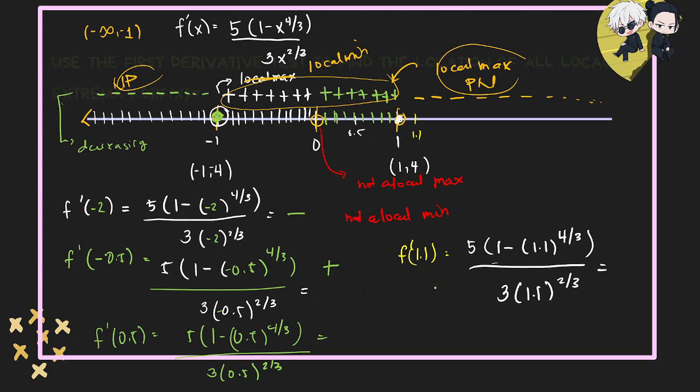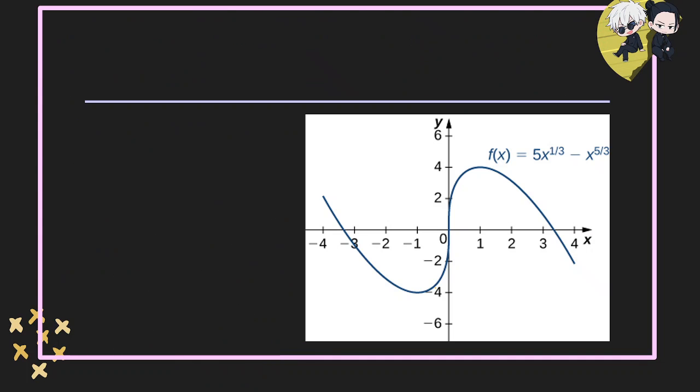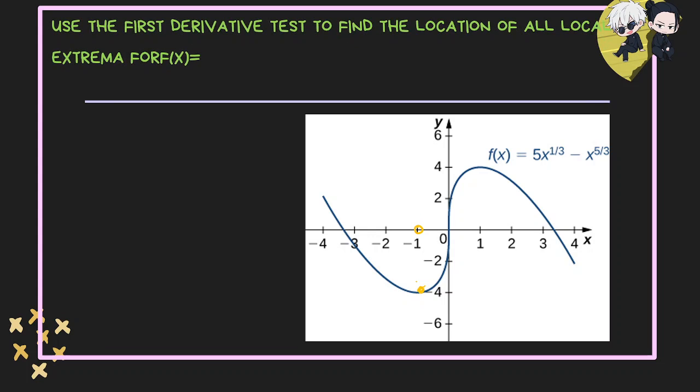Okay? Now, makikita nyo yung graph niya na si negative 1, 4, this is the local minimum. And this 0 here, this is a point where there is no local extrema. Kasi yung point niyan, critical point yan kasi meron siyang horizontal tangent line.